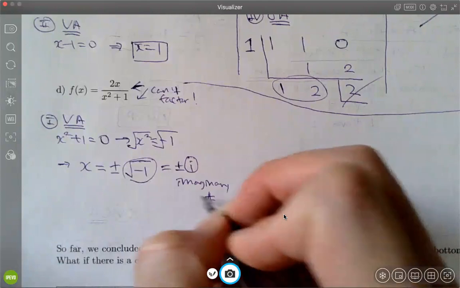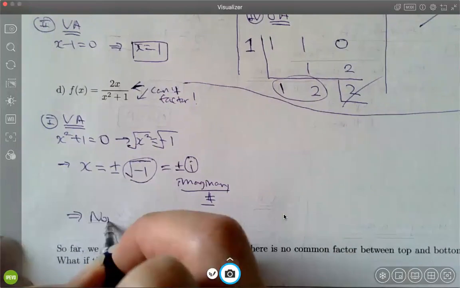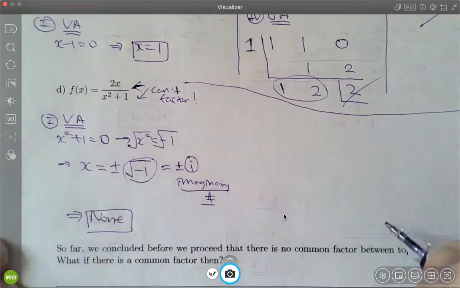And in that case, there is no vertical asymptote. Remember, any asymptotes exist on the XY plane where there is no i. So whenever you get some kind of i, that means there is no corresponding asymptote.